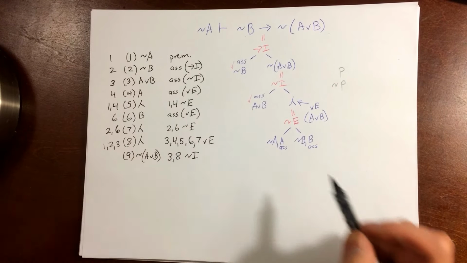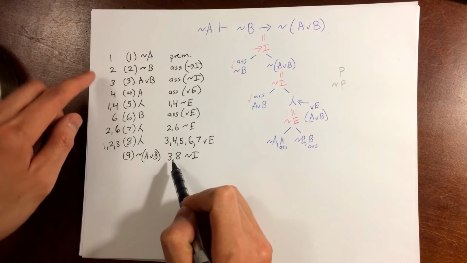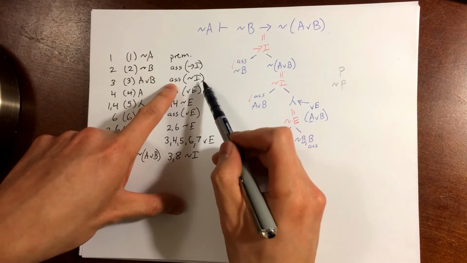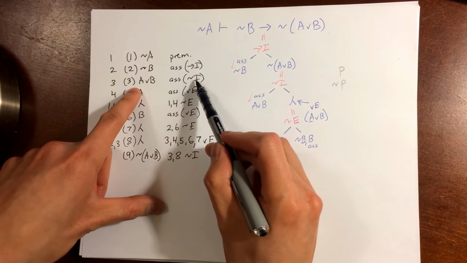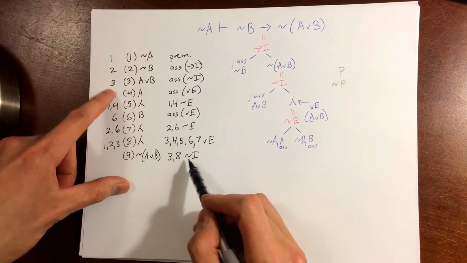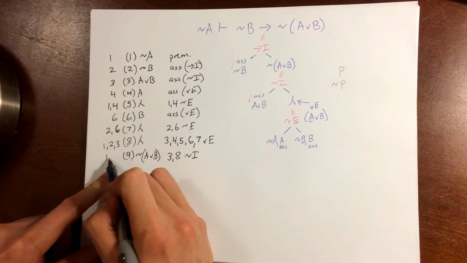Negation introduction. That would be from line 3 and 8, but this is a discharging rule. And so here the note says discharge this assumption when you use it with negation introduction. So we use line 3 with negation introduction, so it should be discharged, and so it's 1 and 2.